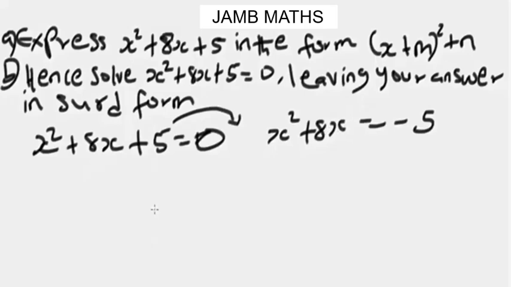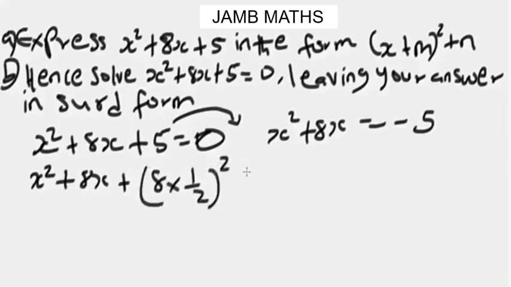When you do it, you're going to have x squared plus 8x plus, my coefficient of x is what? 8. Then we have 8 times half, squared, equals, what you do here, do it at the right, minus 5 plus 8 times half, squared.